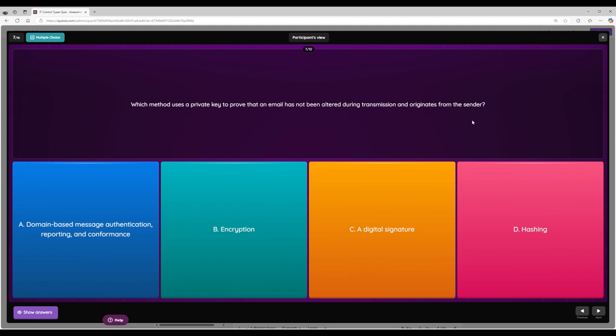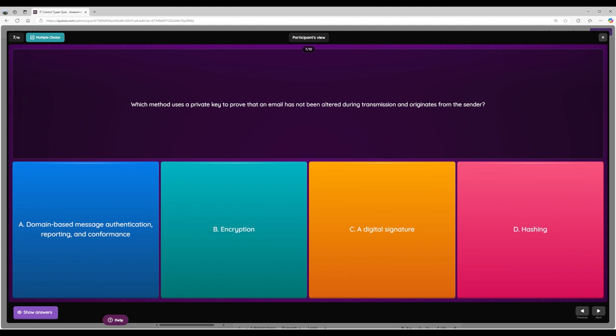That is the core cybersecurity principle. Confidentiality is the C, integrity is the I, availability is the A. So which method uses a private key to prove that an email has not been altered, right? Now we are dealing with integrity.